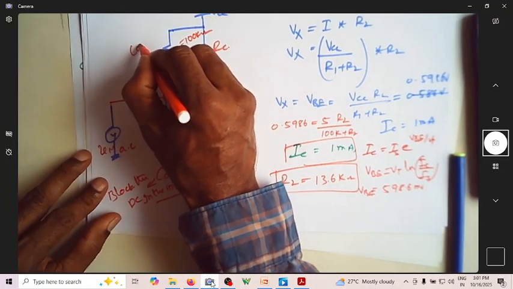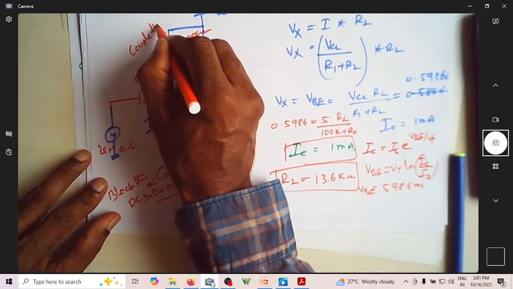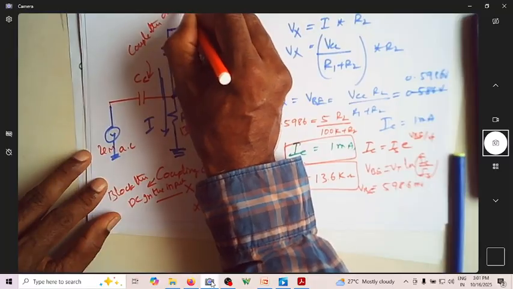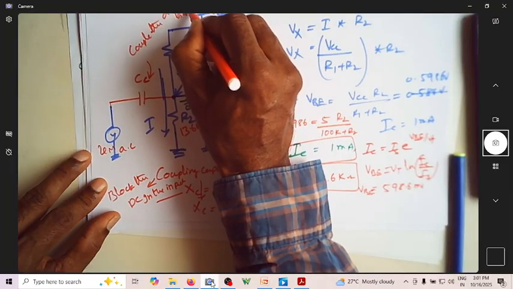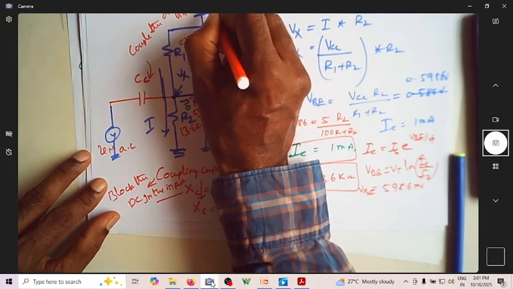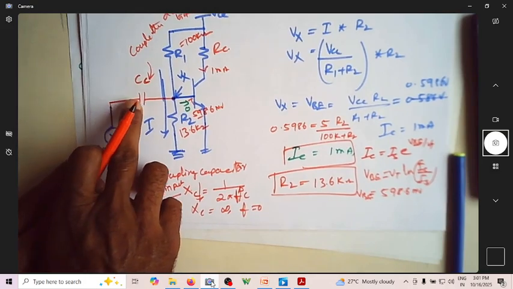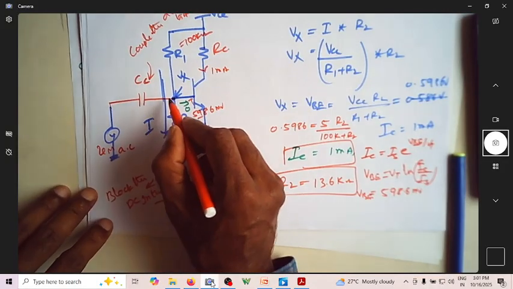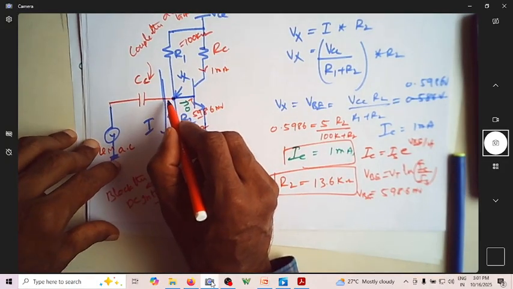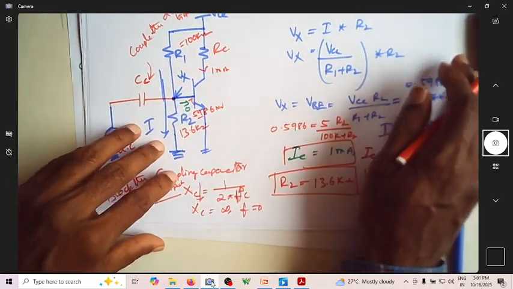This will couple the AC input to the amplifier input side. So this AC input is coupled to the amplifier input. So that is the purpose of your coupling capacitor. Now, where is the input swinging? The input is not swinging anymore at 0.